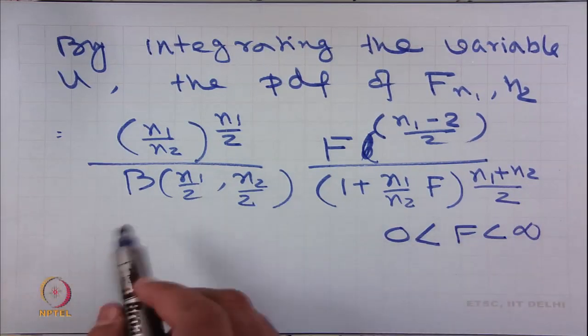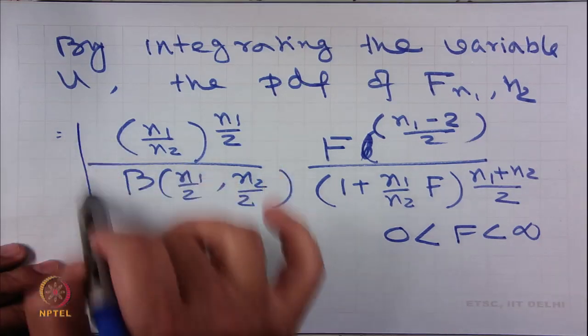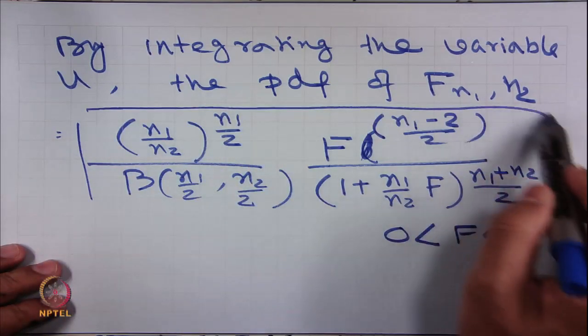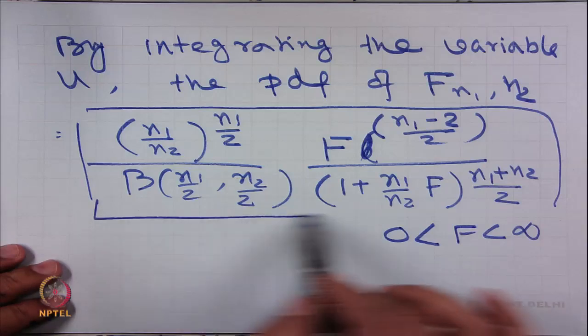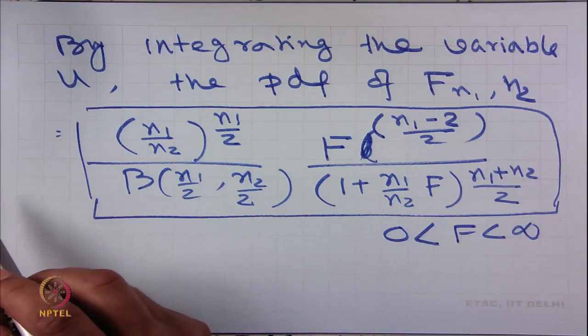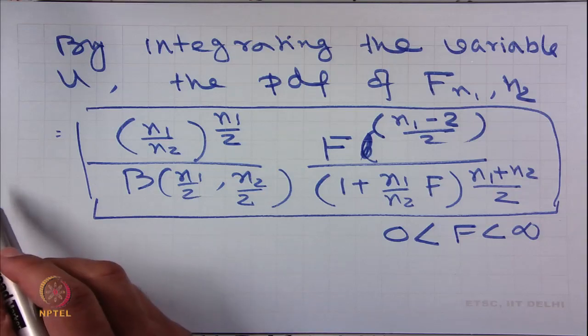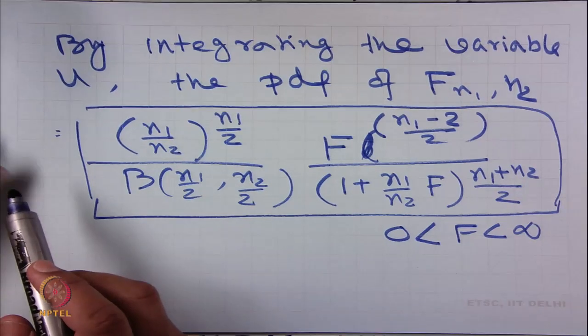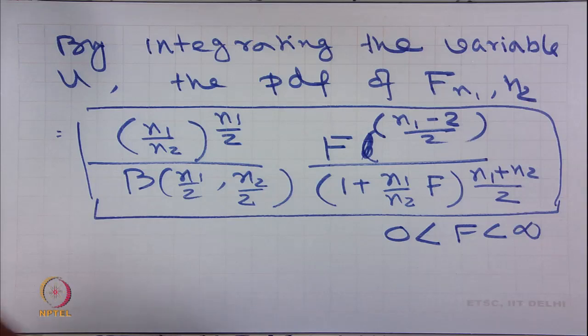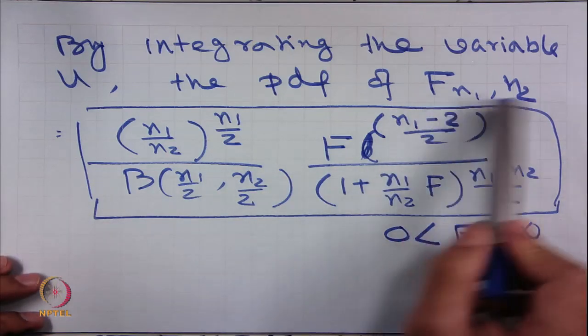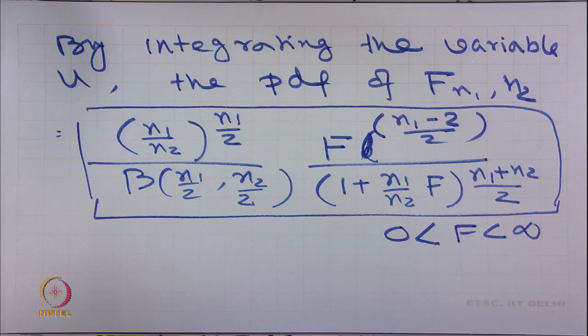So, this is a fairly complicated expression which gives the PDF of an F variate with parameters n1 and n2. Note that the order of the two constants n1 and n2 is very important.